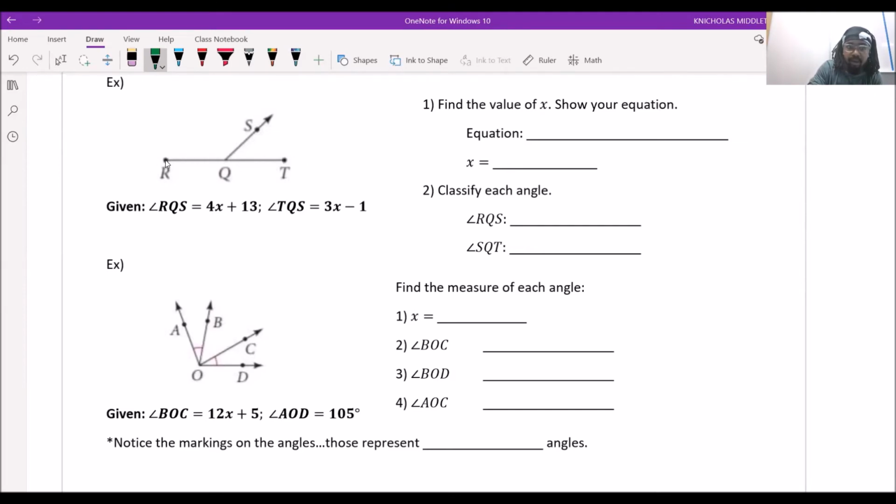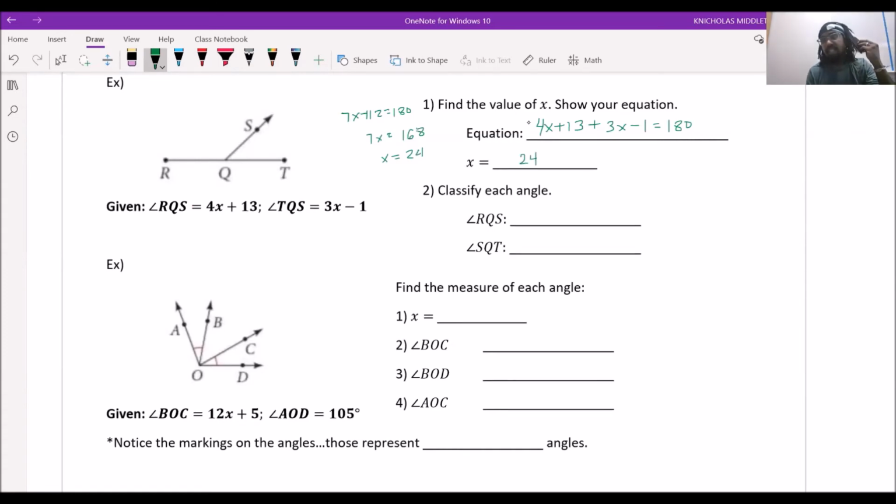We can say part RQS plus part TQS equals whole: 4x plus 13 plus 3x minus 1 equals 180. That gives us 7x plus 12 equals 180, and 7x equals 168. We find out that x is 24.